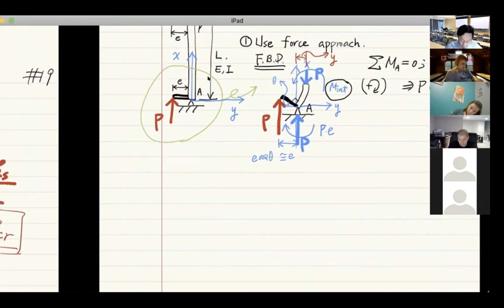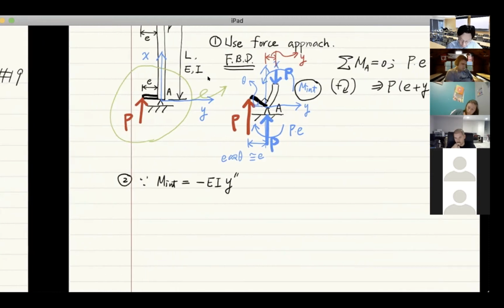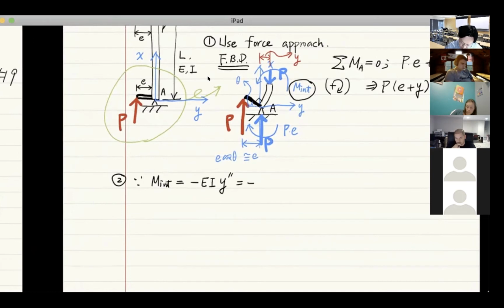And step 2, because we know that M internal equals negative EI times Y double prime. And the original form is actually this, negative EI times the second order derivative of Y with respect to X. This is a definition.